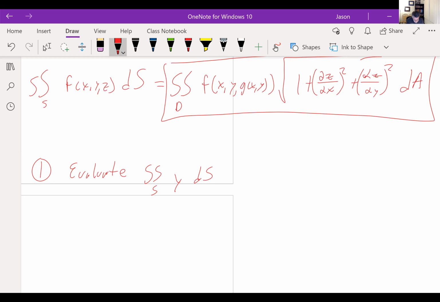So where S is the surface z equals x plus y squared, where x goes from 0 to 1, and y goes from 0 to 2.